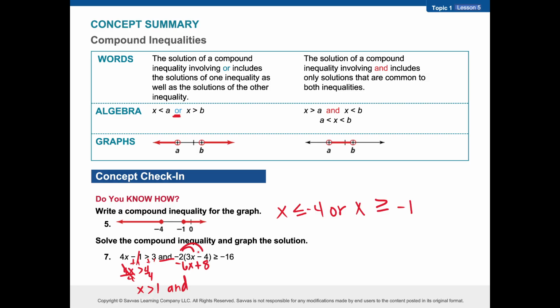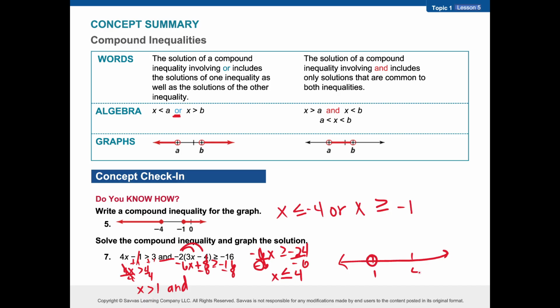That's a +8. Negative times negative, positive. Subtract 8. Same sign, add and keep the sign. That's a -24. Divide by a -6. Because you divided by a negative, x is less than or equal to a +4.